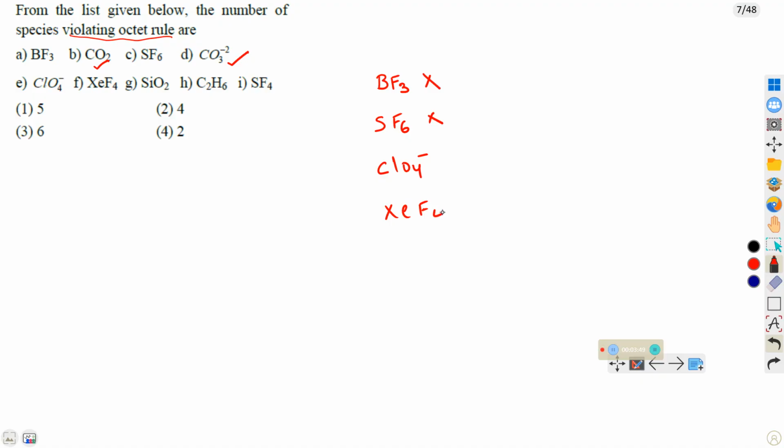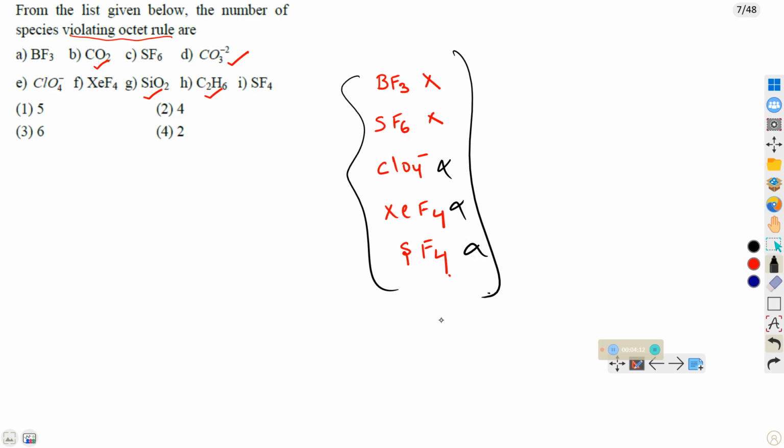XeF4 does not follow the octet rule. SiO2 follows the octet rule. C2H6 follows the octet rule. SF4 does not follow the octet rule. The question is, how many of the following do not follow the octet rule? 1, 2, 3, 4, 5. First option is correct.